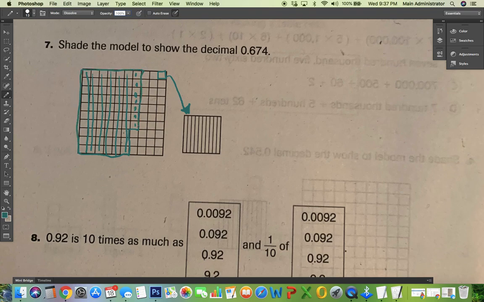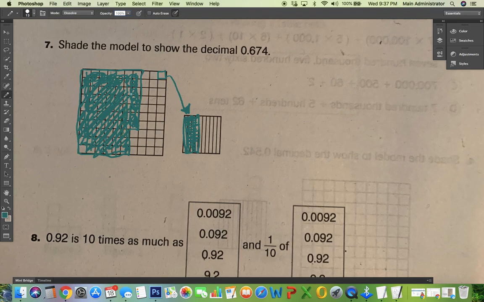And for my 4 thousandths, I will shade in 4 of the thousandths sticks. And again, that second box is just this small box divided into 10. So I would do this by 4. 1, 2, 3, 4. So make sure these 4 are shaded.